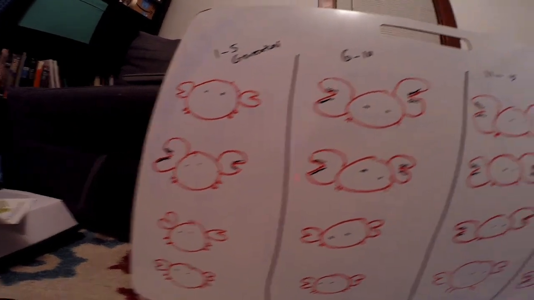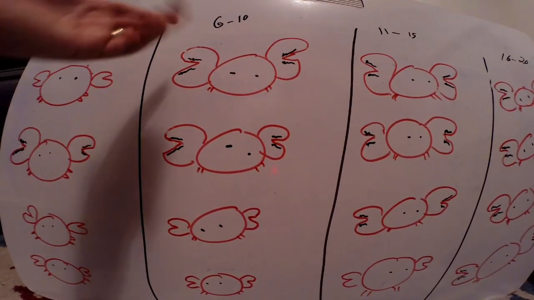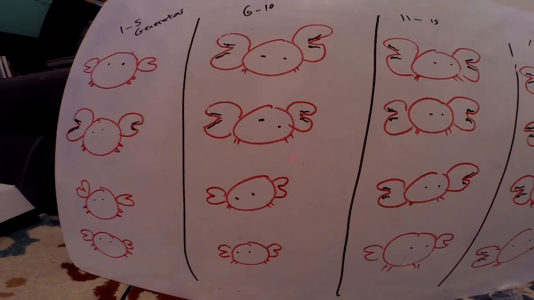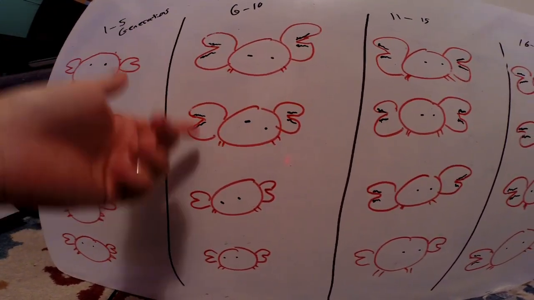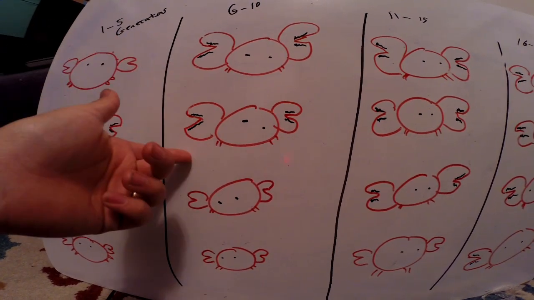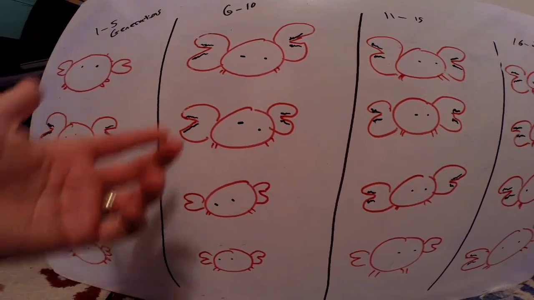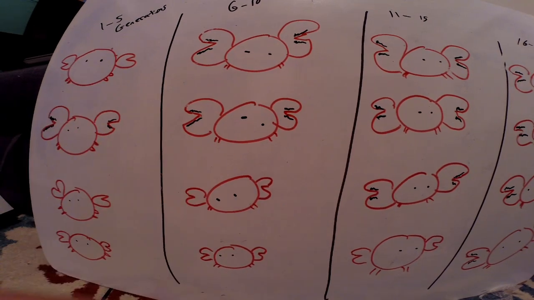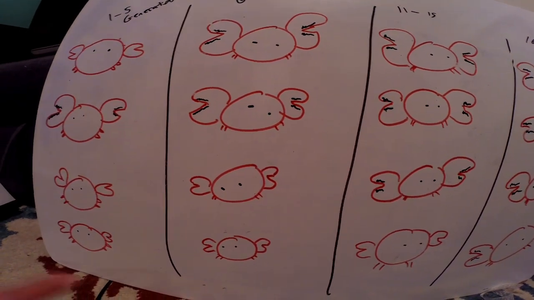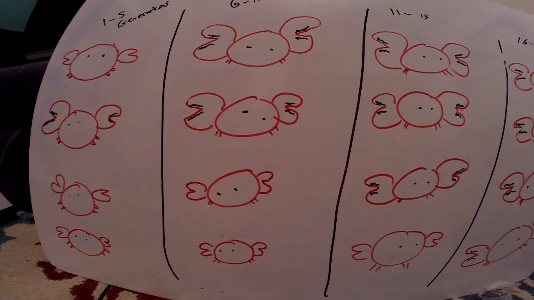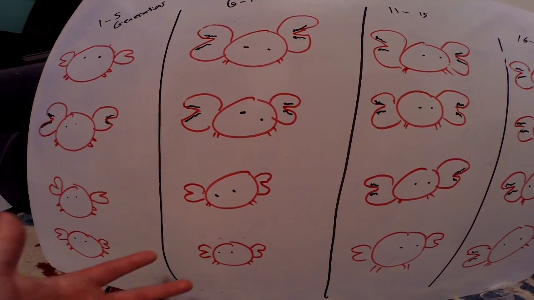So after 5 generations, from generation 6 through 10, we have the frequency of that trait increasing. So now there's 2 out of 4. Because this trait increased its fitness and made it easier to get to the food source, those clams, compared to the other 2.